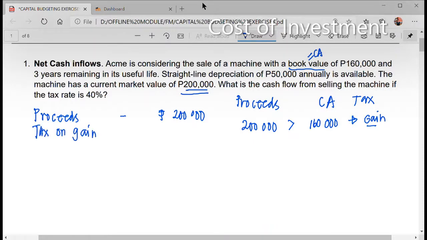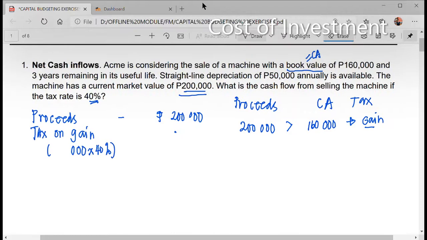Our gain here is the difference between 200 and 160, which is 40,000. So 40,000 times 40%, that's 16,000.